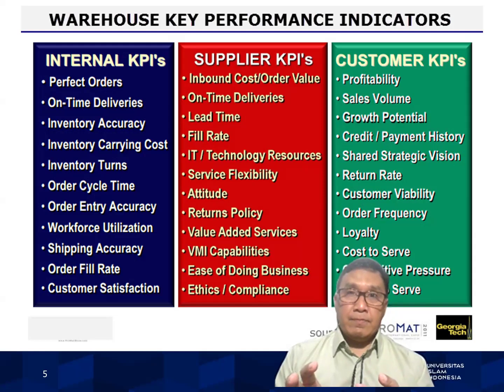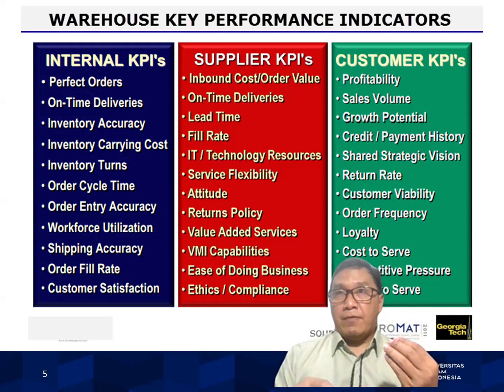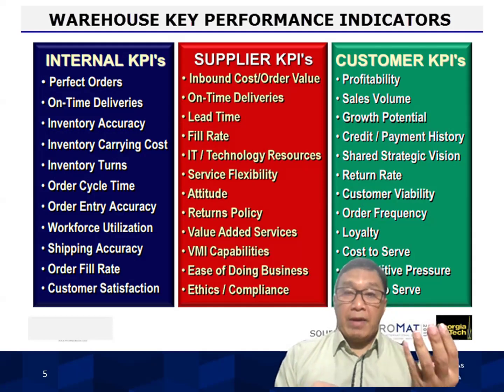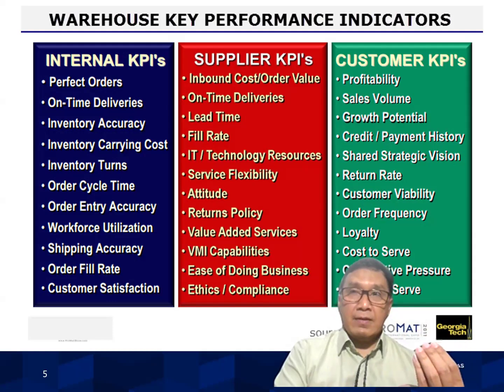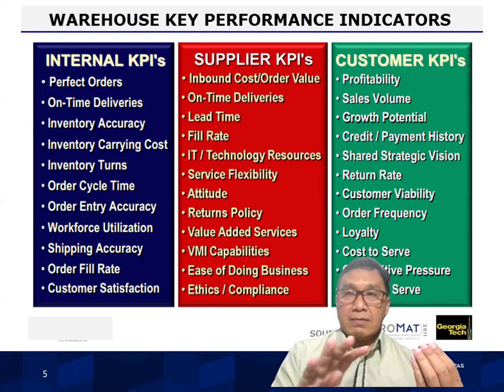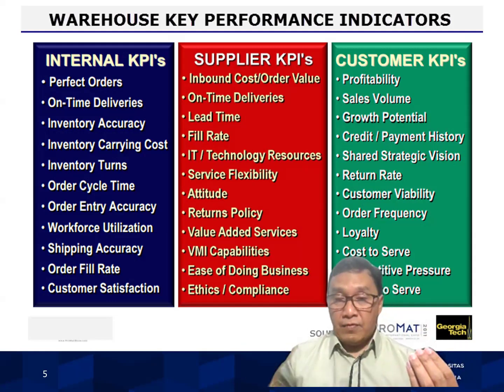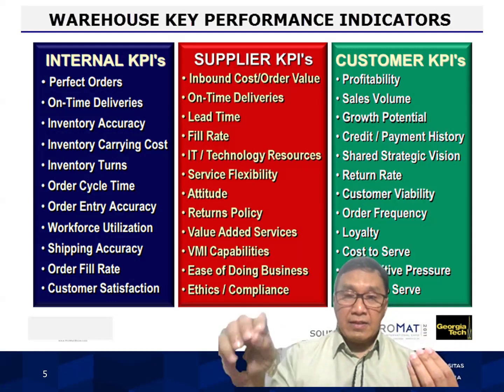For example, for item A, we see that in the warehouse there are 10 units left. So we need to compare whether in the system there are also 10 units left.